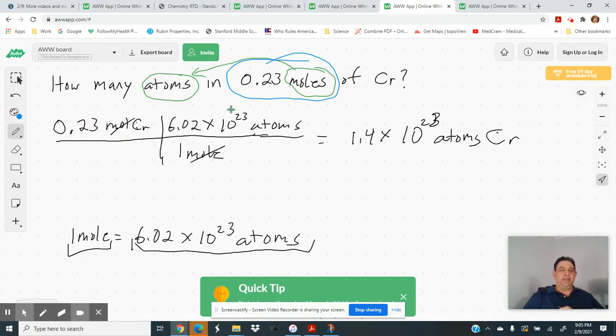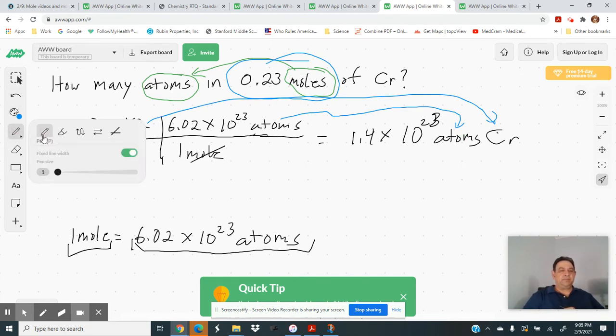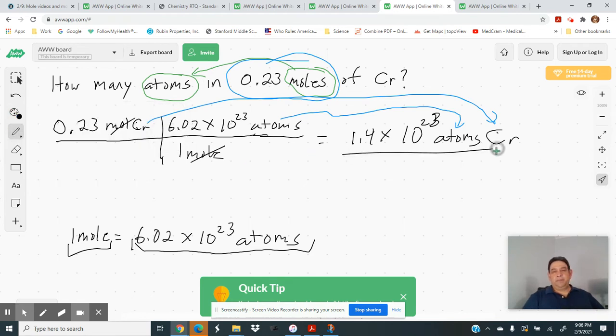So basically, my units were atoms of chromium. And there's your answer. Go back to black here. All right, so 1.4 times 10 to the 23rd atoms of chromium.